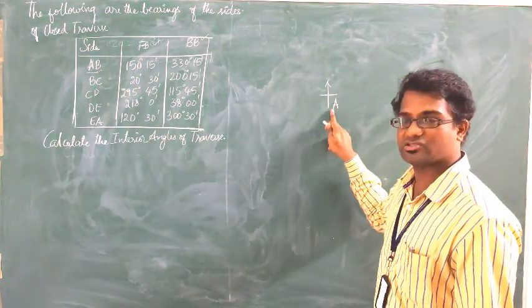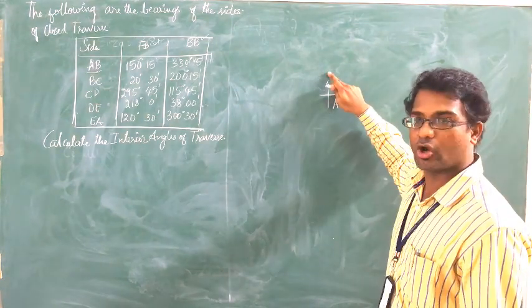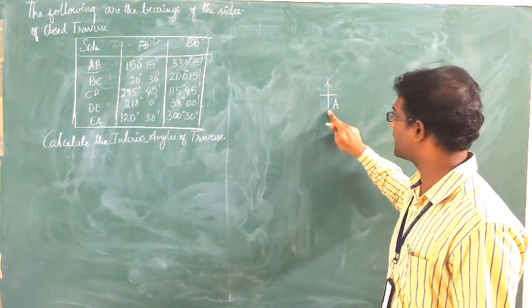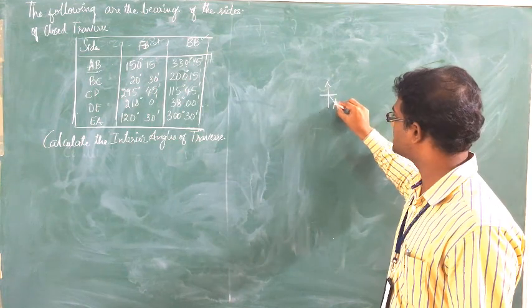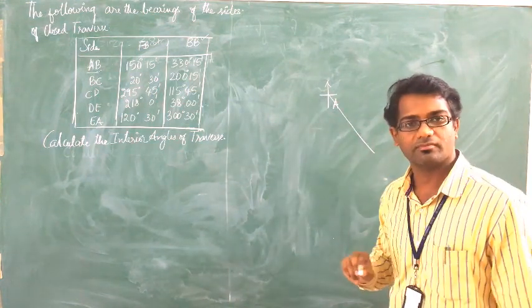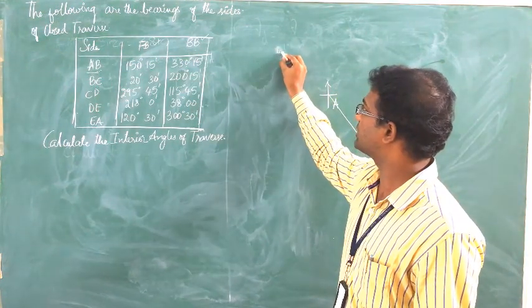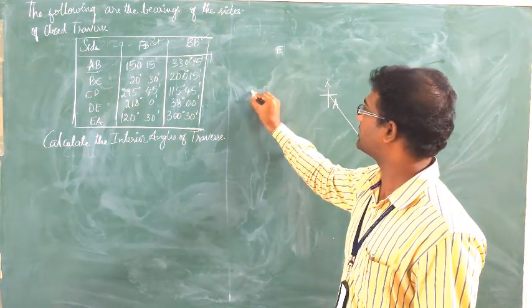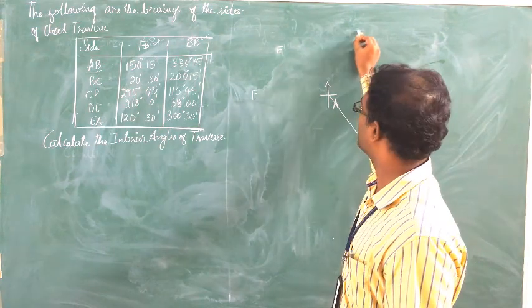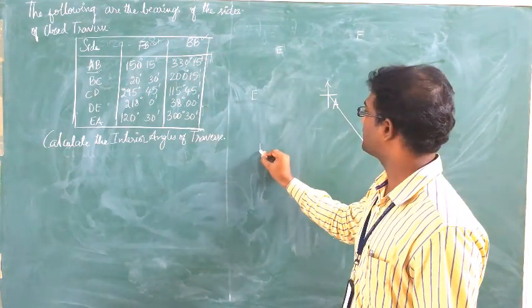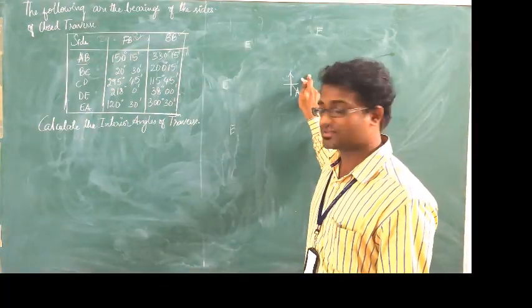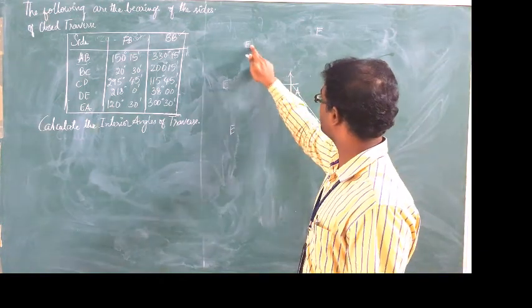Now if this is station A, this is 0, this is 90, this is 180, so 150 is something like this. You have another point here, E. You never know whether it can be here or here, because you have 3 quadrants, you can expect any line from A.